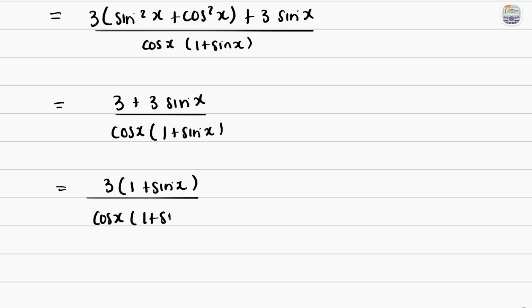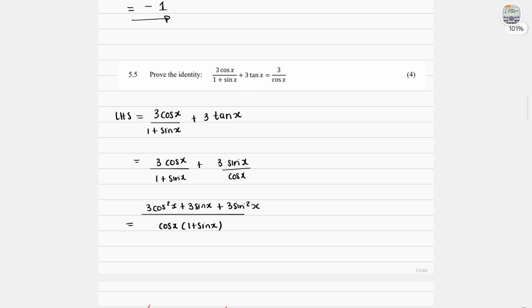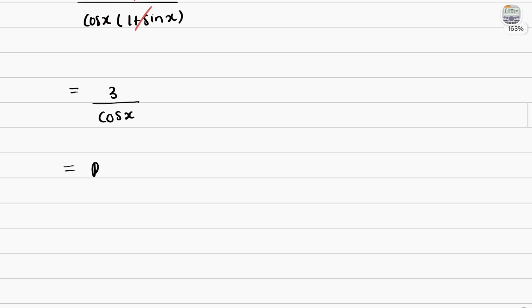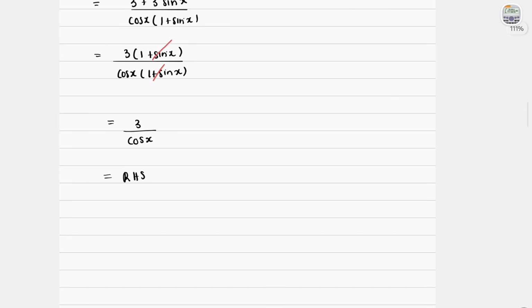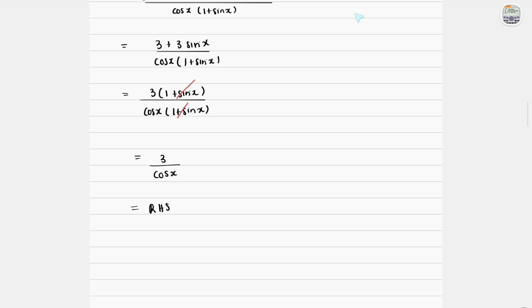So this is 1 plus sine x, which is going to cancel with this numerator, 1 plus sine x. And indeed, this identity is equal to 3 over cos x. Just like the right-hand side, 3 over cos x. So it's finally equal to the right-hand side, and we have proven that the left-hand side is equal to the right-hand side. Moving on to the next question.